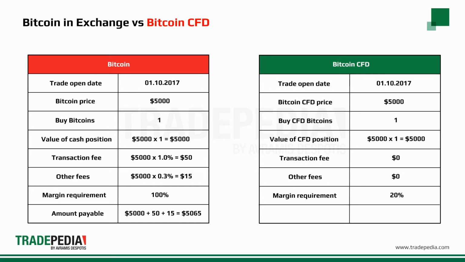In this example, the margin requirement is 20%. So in this case, the total amount payable is $5,000 times 20%, which equals $1,000. The following becomes evident after opening the position. Trading the CFD Bitcoin requires less margin, meaning less money in your account for the same transaction. Transaction costs are less, giving the investor more room to profit from the position.